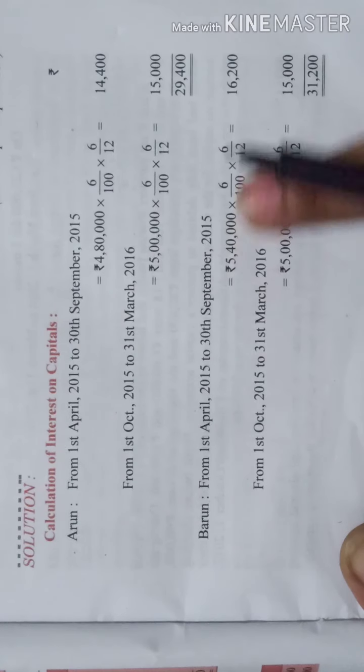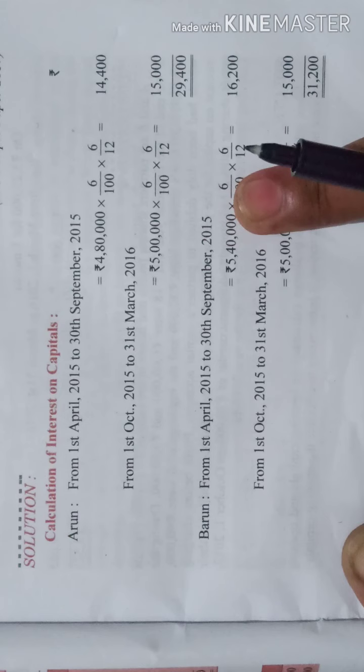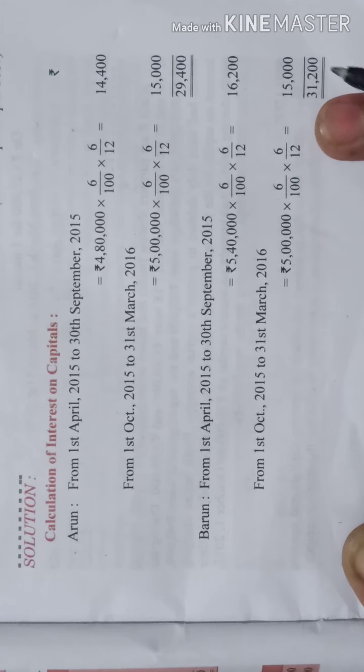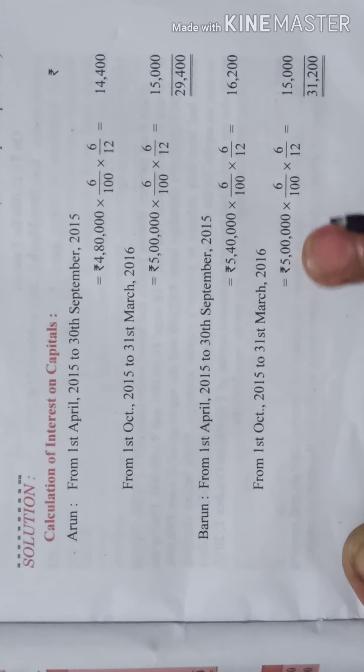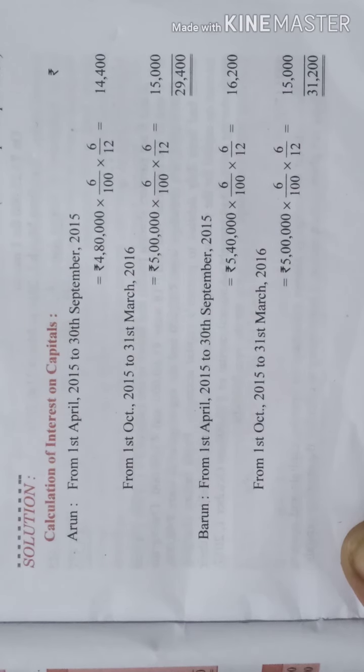Okay, so we will give interest for 6 months on 5,40,000, and next 6 months we will give interest on 5 lakh. Am I clear? Now 40,000 is reduced. Am I clear? Don't get confused. If it is stated that 5 lakh should be the capital, it is not necessary that the capital will increase only. Sometimes it happens that a partner has already given more capital.